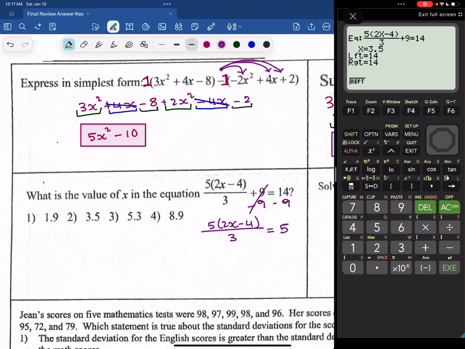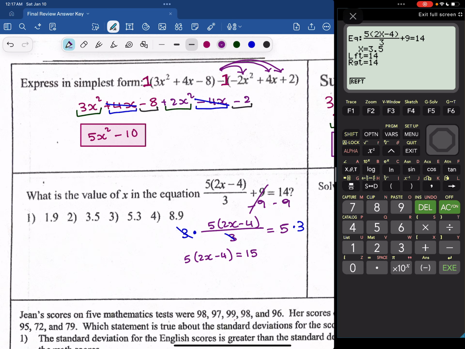So to get rid of a fraction, we would multiply both sides by the denominator. So we would multiply both sides of this equation by 3. Then these two threes would cancel out, and we would be left with 5 times 2x minus 4 is equal to 15.